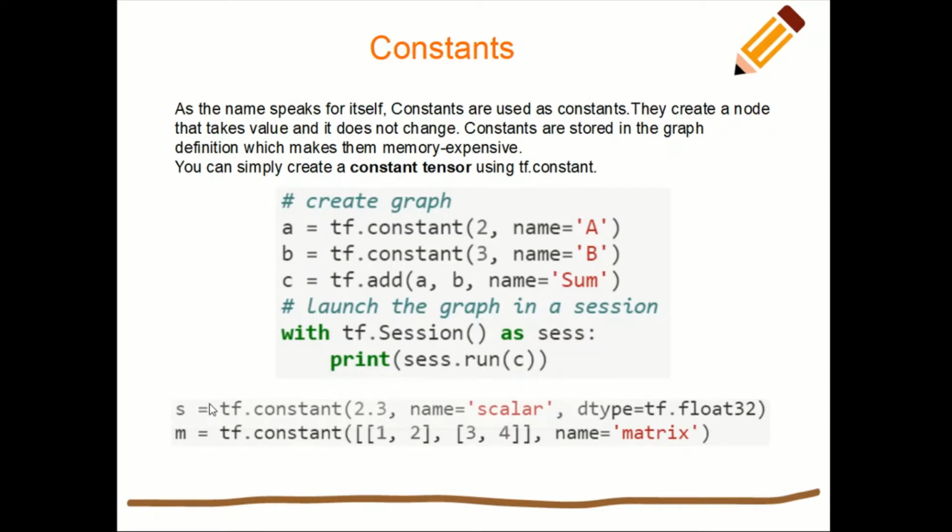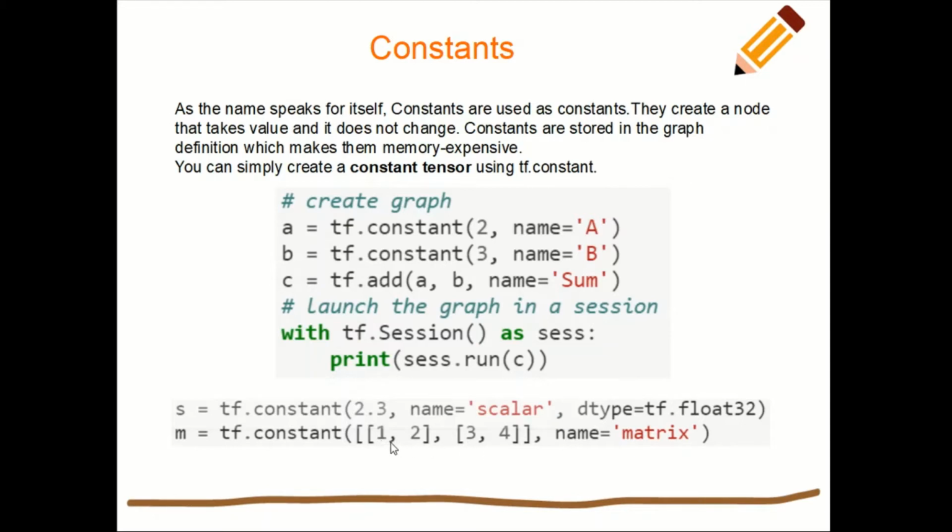These are a few more examples of how to create a constant out of a scalar. A scalar is basically a single value, 2.3 in this particular case, and we can also give it a data type, so we can create scalar values of different types. Here is another example: we can also create a matrix out of a list of values.